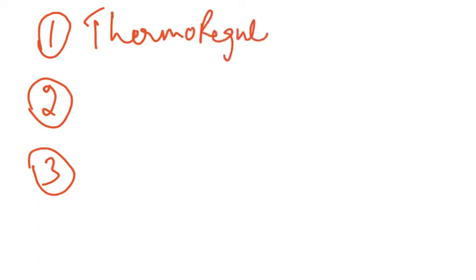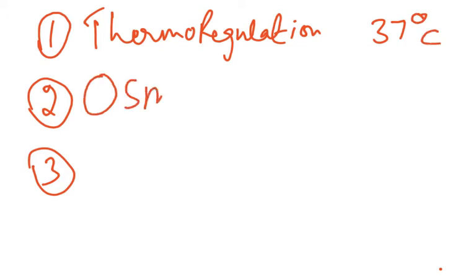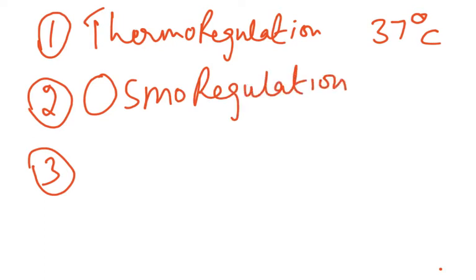Thermoregulation means maintaining your temperature, the human body temperature, which must be maintained at 37 degrees Celsius. Then osmoregulation, which is of course the water content of blood.